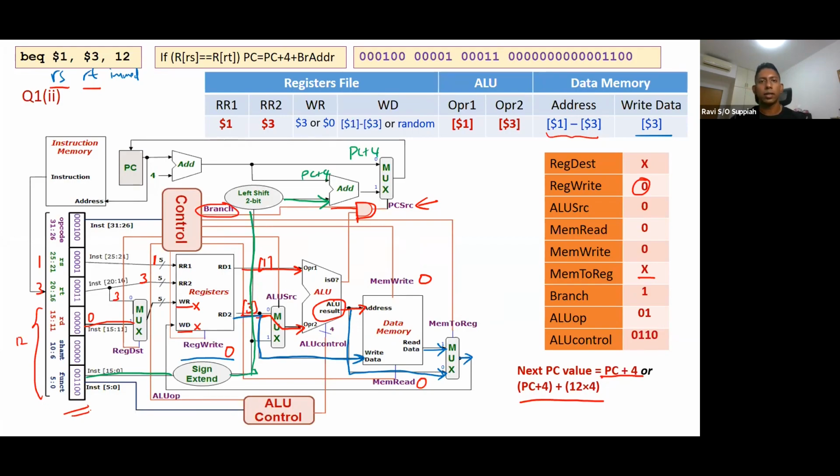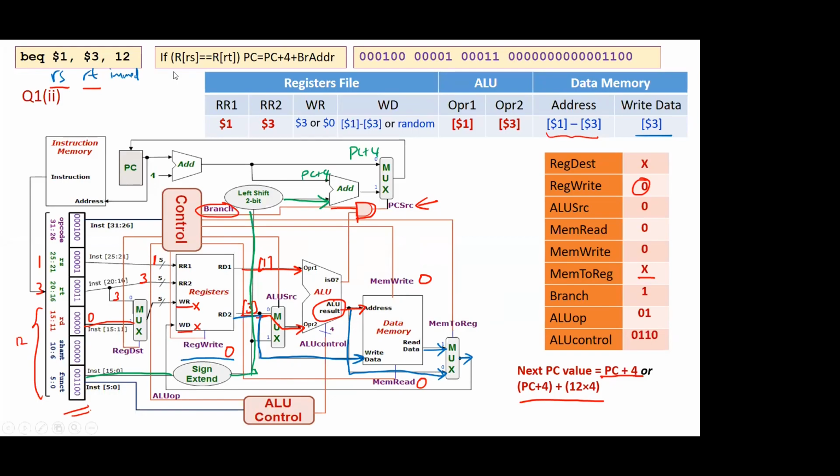Again, I will stop and take questions that you have about this instruction, how it is being executed, or any part of the flow that you do not understand. Mr. Ravi, can I ask about branch not equal?